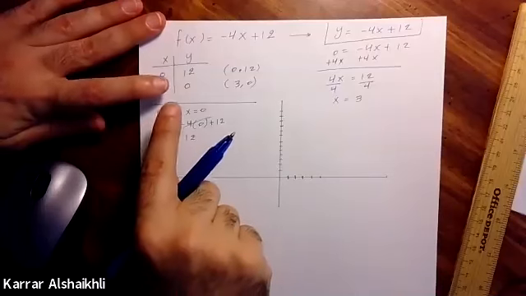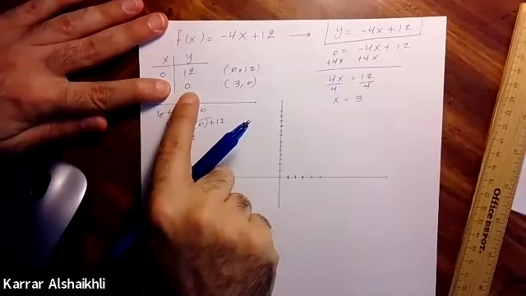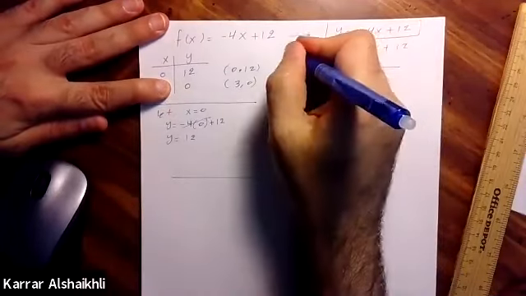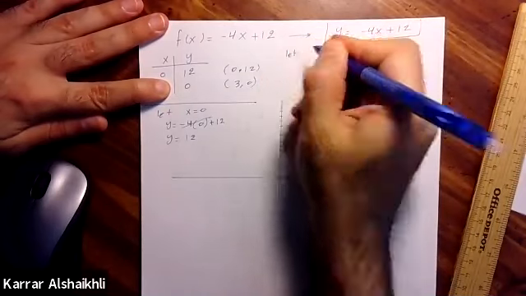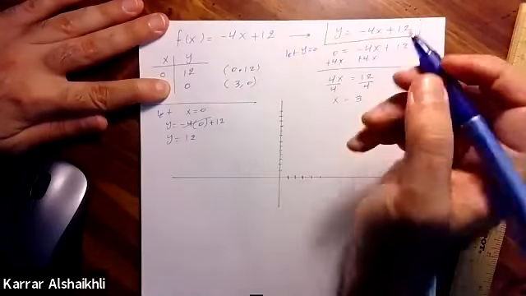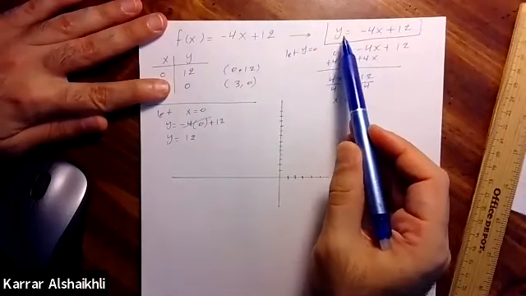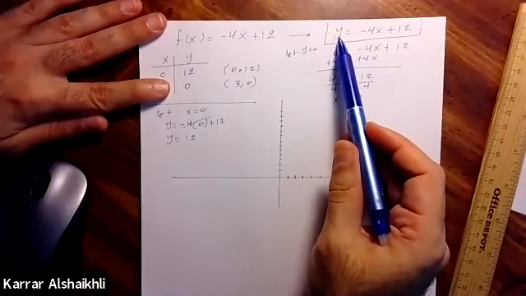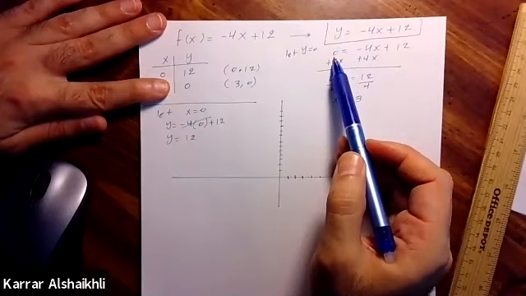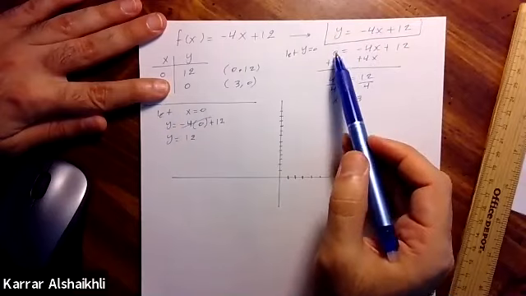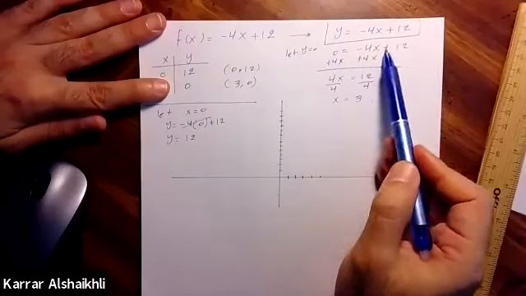Okay, so the second one, I'm going to let y equal 0. You see, I'm going to put 0 instead of the y. Can you see here? Yes. Okay, so now solve this one. How are we going to solve this one?